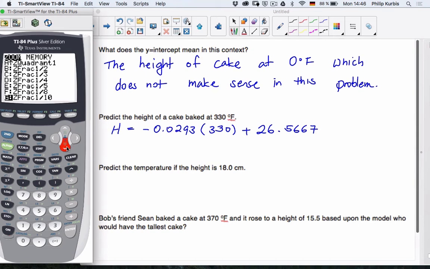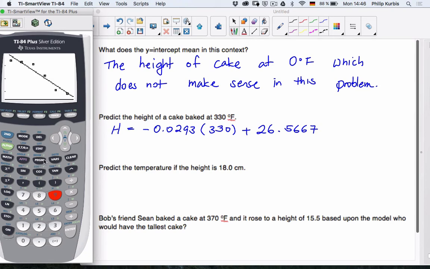Oh no, it was 9, right? Zoom 9, I think. Yep. Go for 9, press 9. Okay, super. And what we want is to use this model.